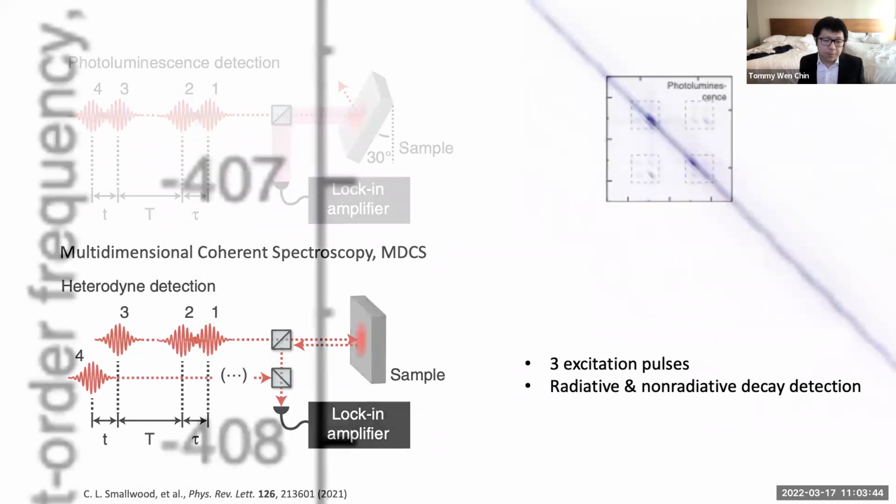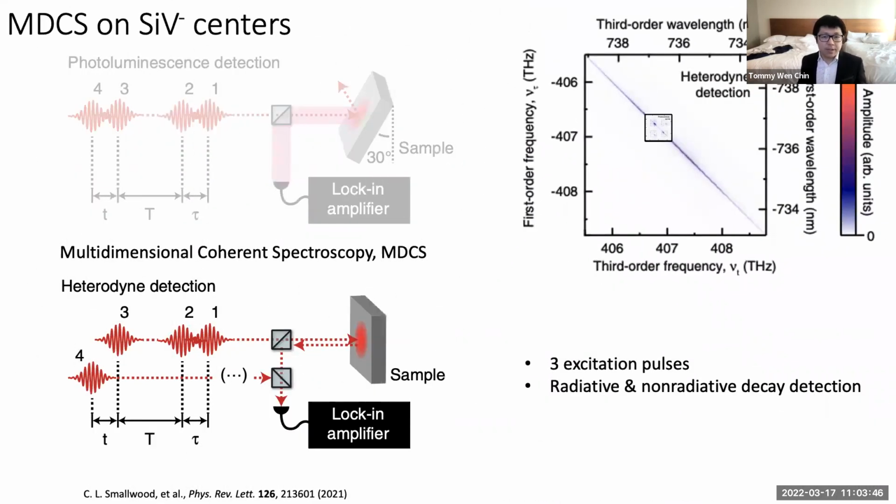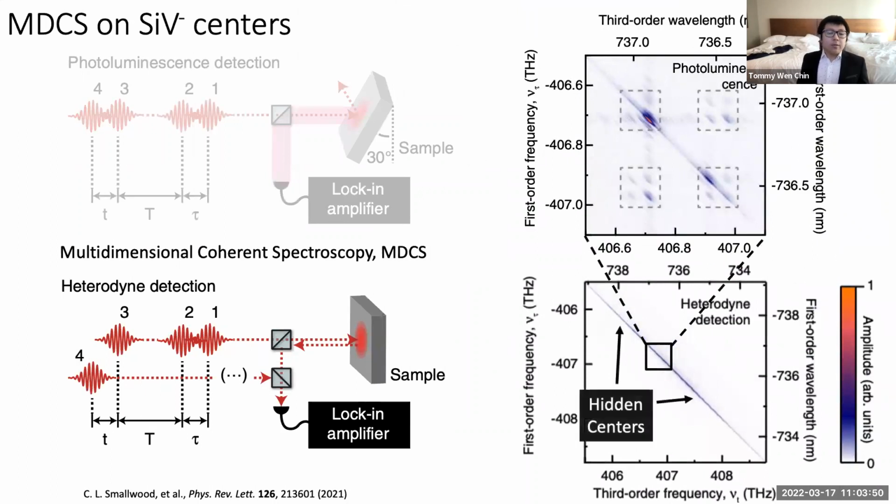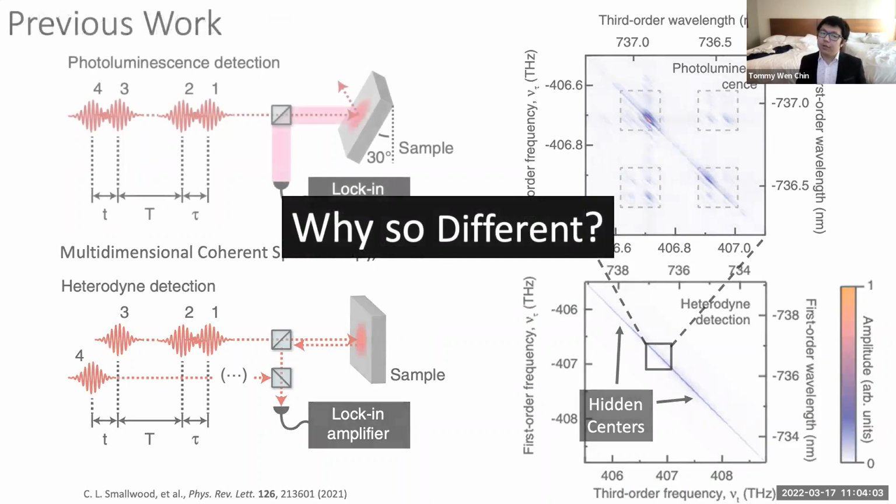To much of our surprise, we get a significantly different spectrum. Namely, we see a whole bunch more SiV centers that are visible under heterodyne detection, but are hidden under photoluminescence. This raises the big question of why these 2 spectra are so different, despite being from the same diamond sample.